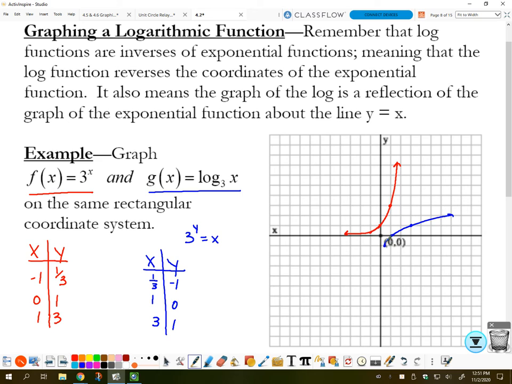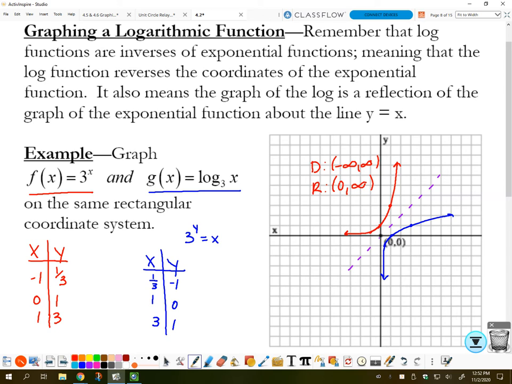And you should notice that we have 2 graphs that are reflections of each other over the line y equals x because they're inverses. Now, the exponential function has a domain of all real numbers and a range from the asymptote to infinity.